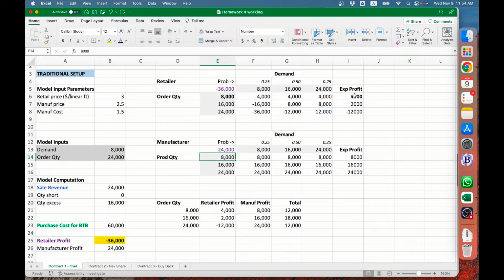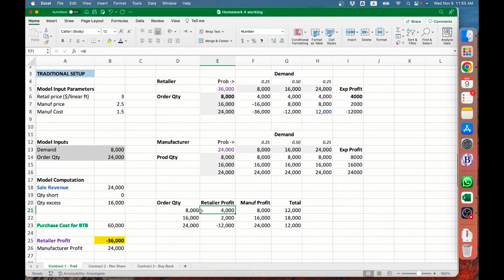So the retailer makes 4,000 profit, the manufacturer makes 8,000 profit right here, and the supply chain makes a total of 12,000, 8,000 plus 4,000.